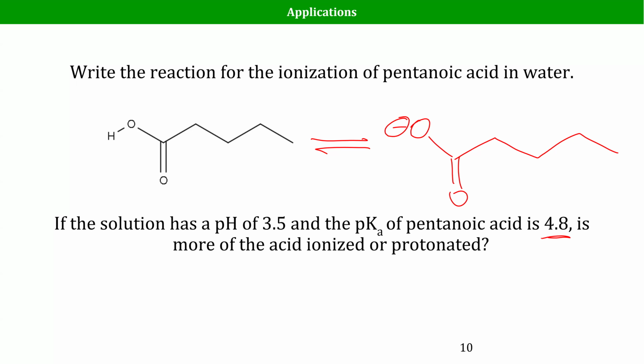Low pH is acidic, right? In low pH, if it's acidic, that means extra H pluses around. So if you have the system at equilibrium and then you dump a bunch of extra H pluses in there.